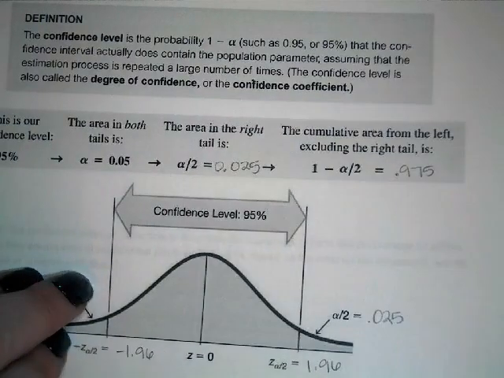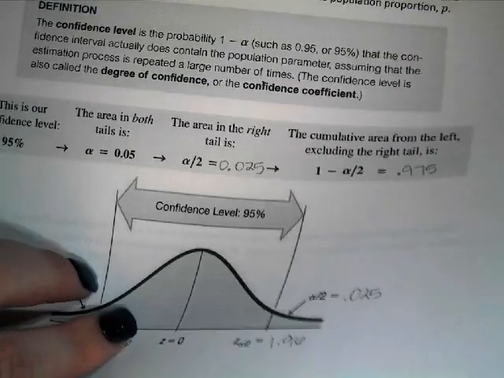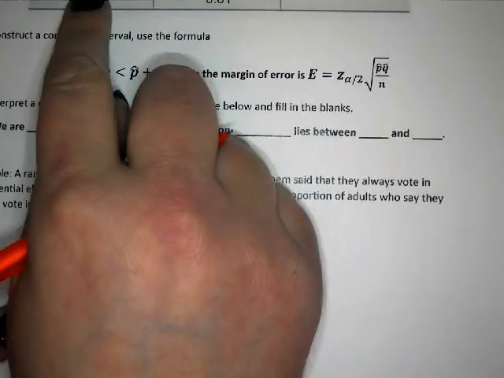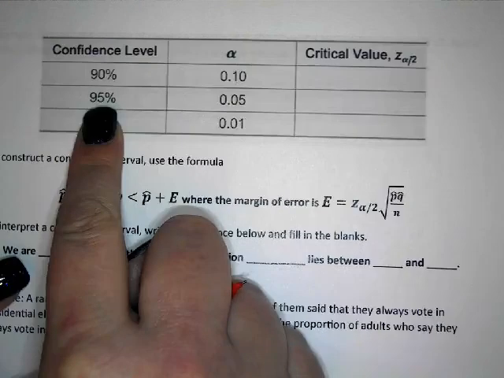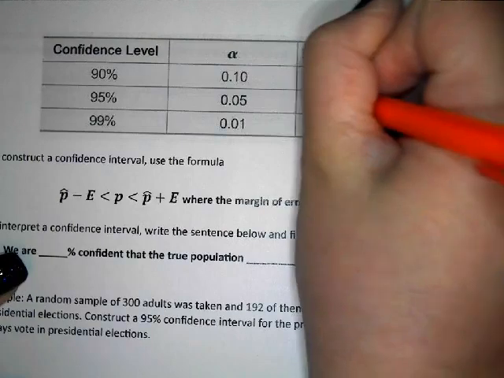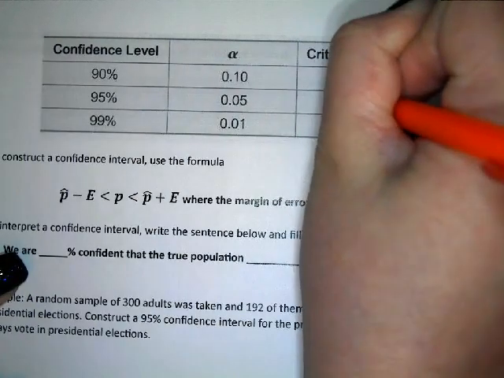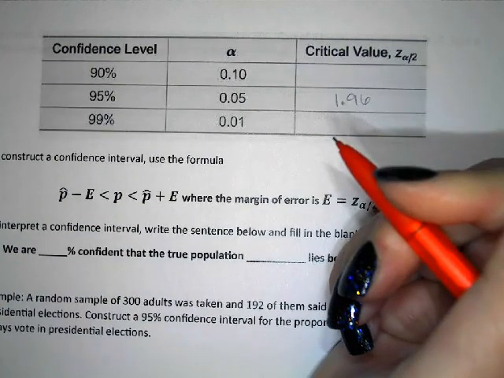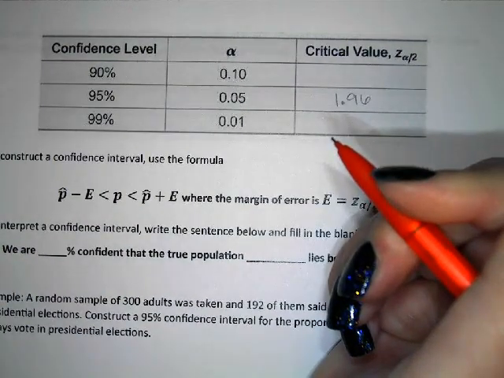Okay, so if you are using a 95% confidence interval, then your critical value is 1.96. And we could use those same methods to find the critical value for 90% and 99%.